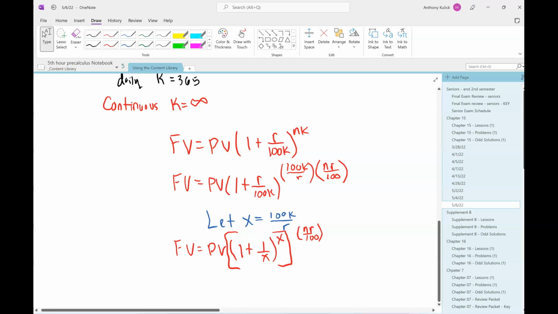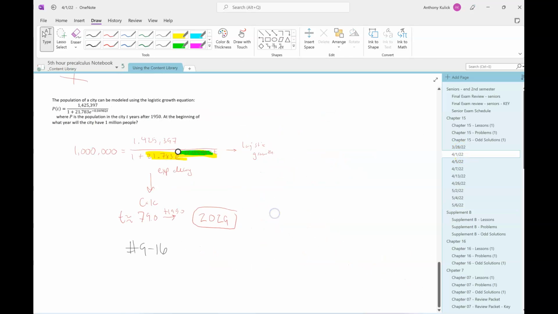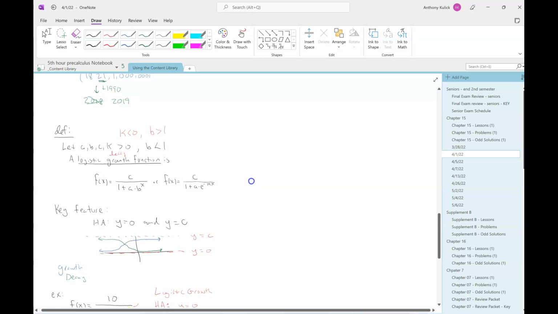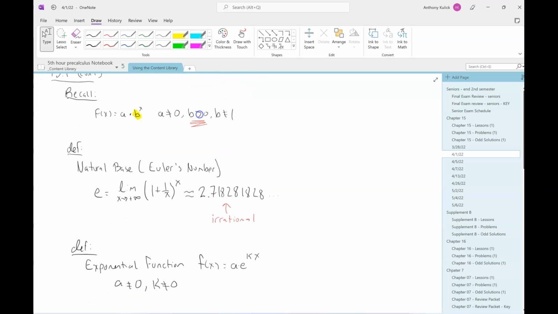So far, so good? Does anybody recognize this thing? We talked about it this chapter. Let me go back and find it here for us. Where are we? Right here.